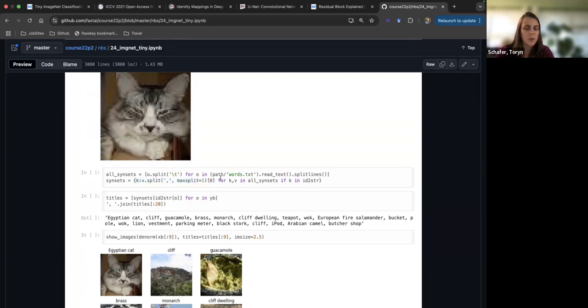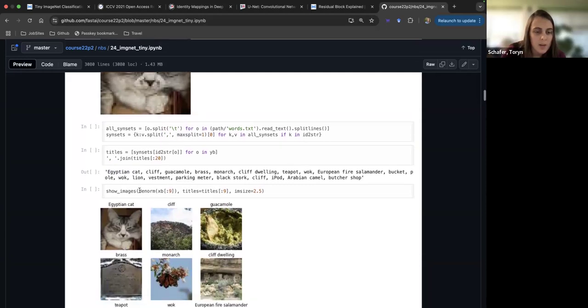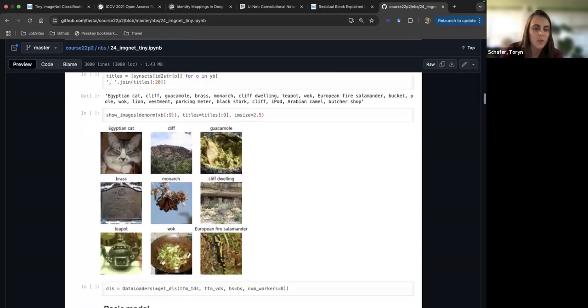Some of these WordNet strings had multiple categories, basically a list. So he just kept the first one. So it might have been like Egyptian cat, comma, fluffy Egyptian cat was the second label or something. You only keep one. Then he did some denormalizing so that it looks good for the human eye.